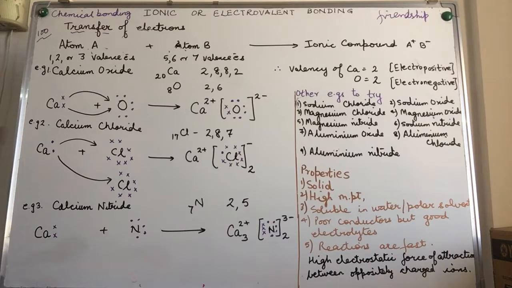Now, valence, what is valence? This we've discussed in previous videos. I would advise you to see the structure of the atom part 3 video. The electrons in the outermost shell.